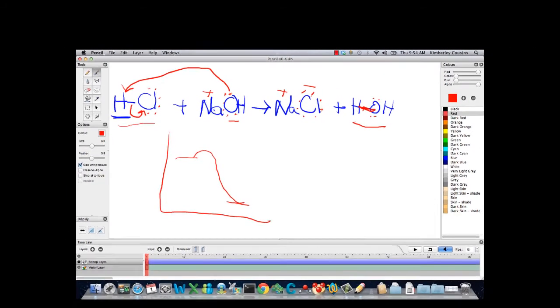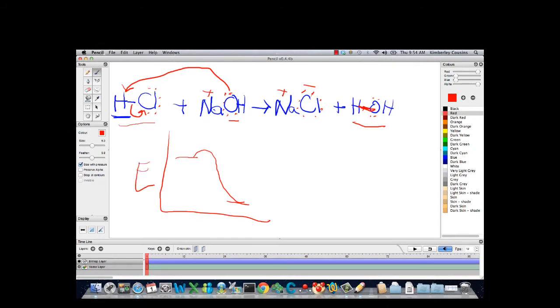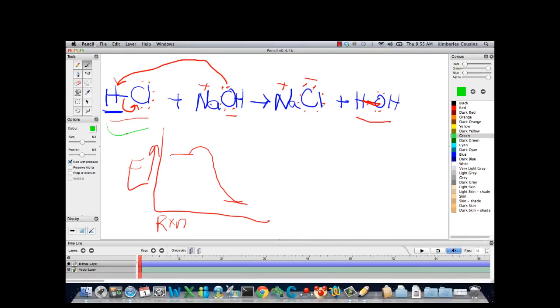This can be described by an energy graph, where energy is on the y-axis and reaction progress is on the x-axis. Everything on this side of the equation equates to this energy level, and everything on this side equates to this energy level. So overall, this tells us the HCl bond, the one that's broken and costs energy to break, is much weaker than the H2O bond, the energy that we get back out.